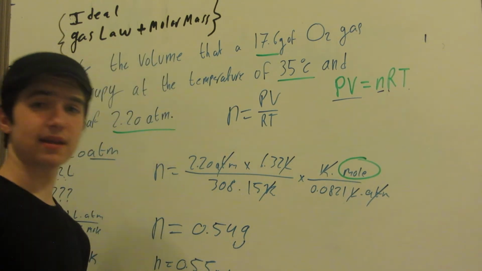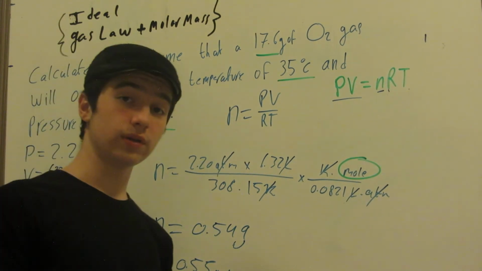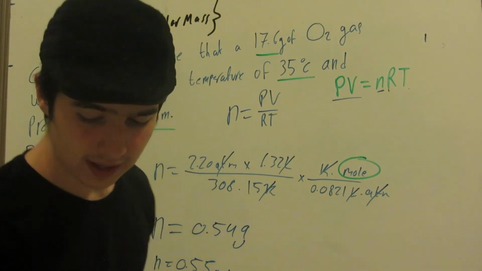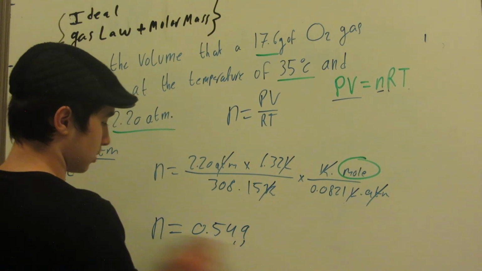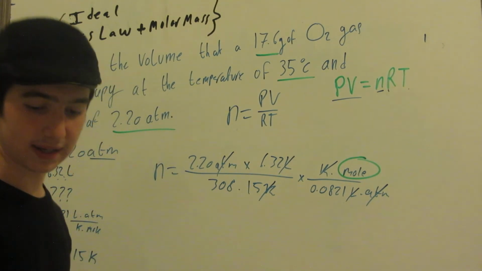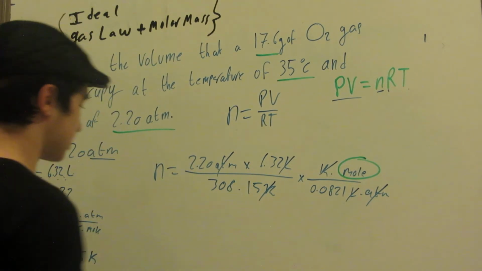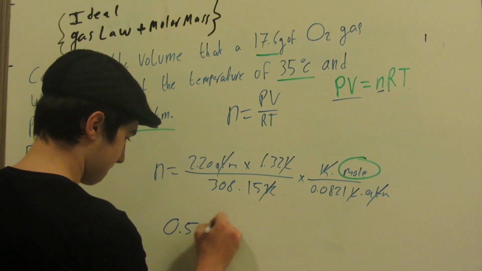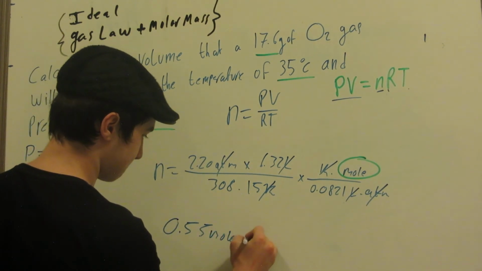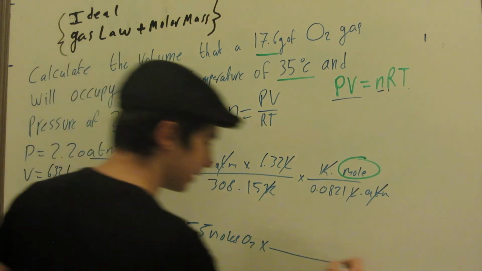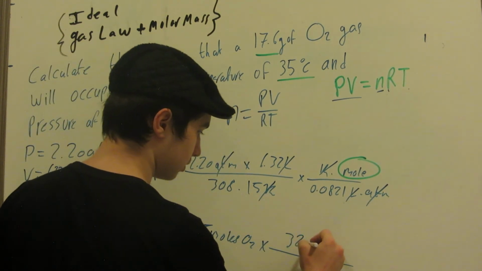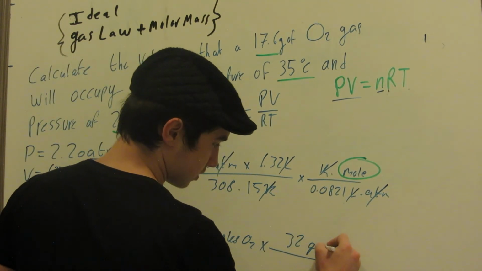Let's say the question says to turn the number of moles into grams. So they want the molar mass of oxygen. We got 0.55 moles of oxygen multiplied by 32 grams of oxygen.